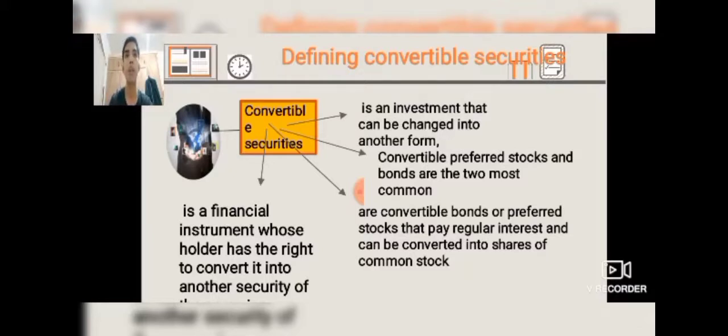This is my report. My report is all about defining convertible securities. Convertible securities is an investment that can be changed into another form. Convertible preferred stock and bonds are the two most common.